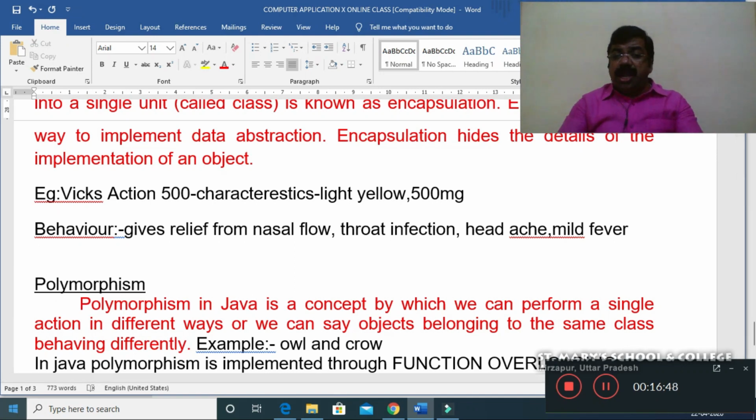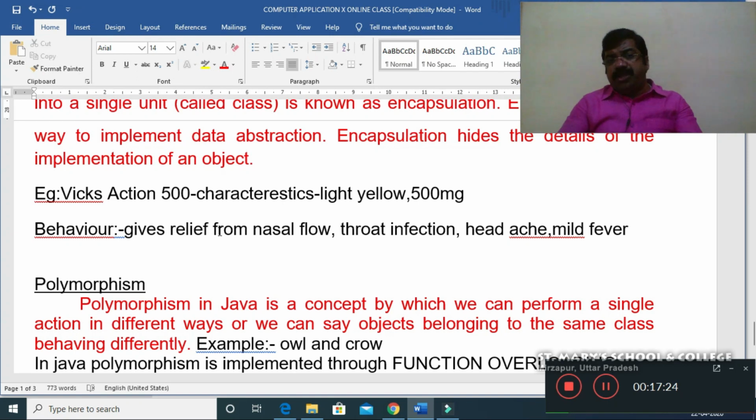It is light yellow in color, and the weight too. The behavior is that it gives relief from nasal flow, throat infection, headache, as well as mild fever. See, this behavior as well as the characteristics are bundled in a single unit as a tablet. We say that is encapsulation.